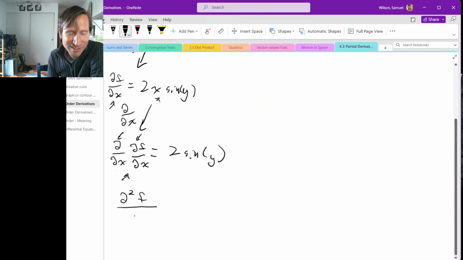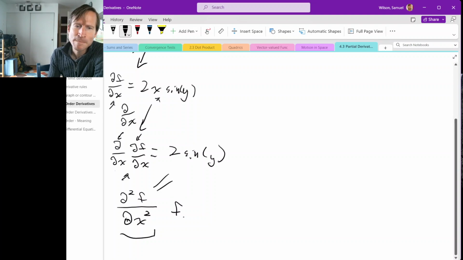But it looks like it, and so we write partial x squared. This notation means the derivative with respect to x twice. Another way to write this, if you like the subscript notation that we talked about before, you could write f sub xx. And that would be the name for this partial derivative.